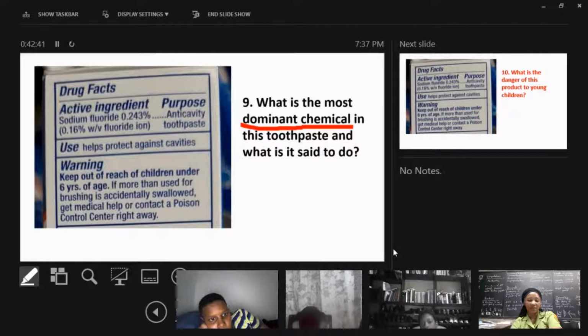What would it have to do with? What do we mean by the dominant chemical? Miss, for my answer for number 9, my answer is... Tell me first what do we mean by the dominant chemical? And then you can tell me your answer.